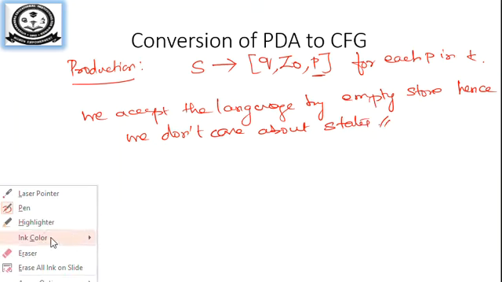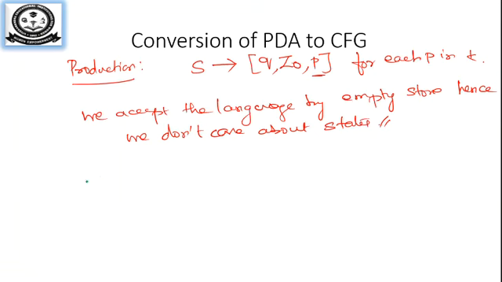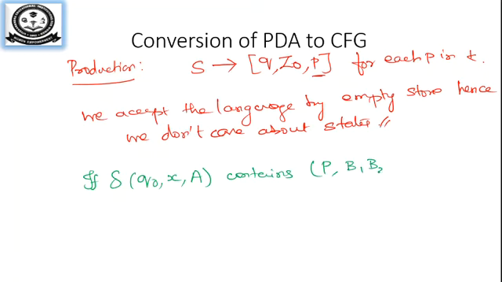So if you have a transition function, delta of Q naught, comma X, comma A, that contains a state P with some stack string B1 up to BM, where X belongs to either the set of terminals or epsilon.